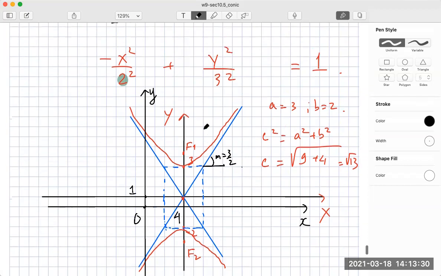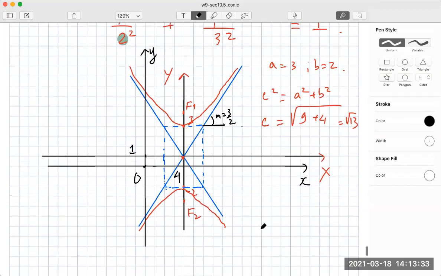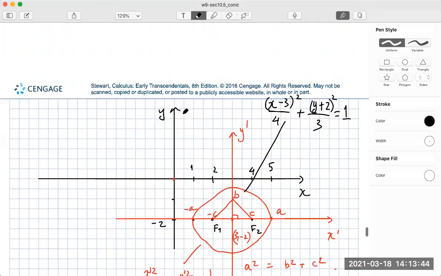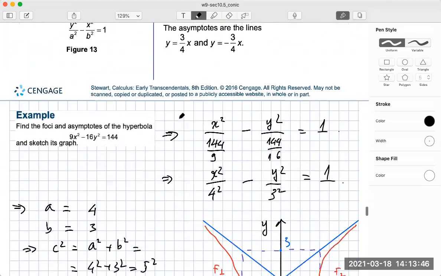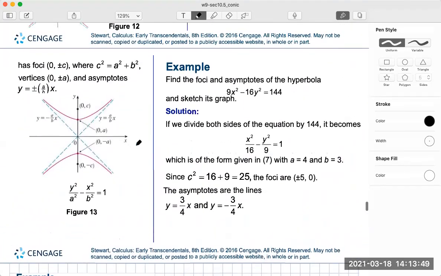So the slope of the asymptote, and you can go back here. Here, right? A over B, reverse. I mean, the principle is not changed, but the numbers may play different roles.